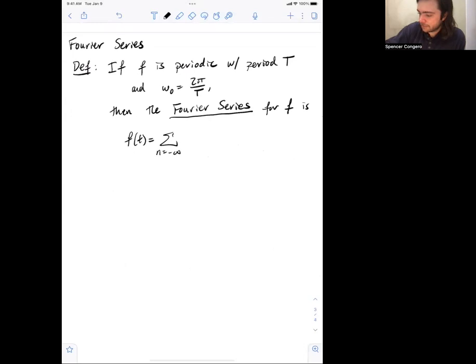It's going to be the infinite sum of f sub n, which we call the Fourier series coefficients, they're complex numbers, times e to the j n omega naught t. So here are complex exponentials. I'll write it all down and then we'll go back and talk about it a little bit. The constants f sub n are called the Fourier series coefficients.